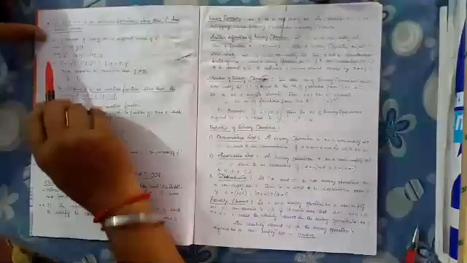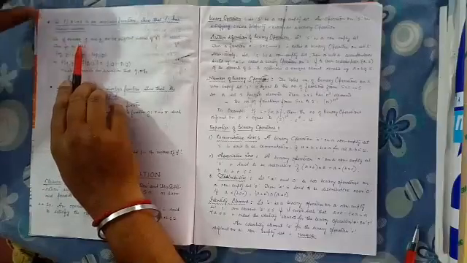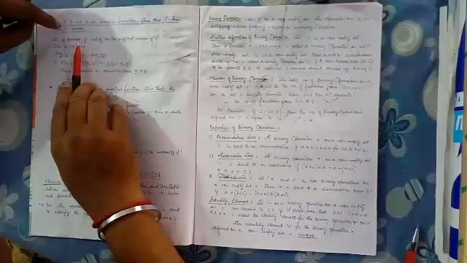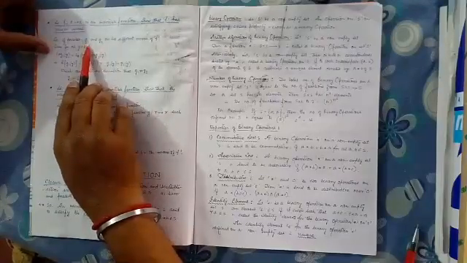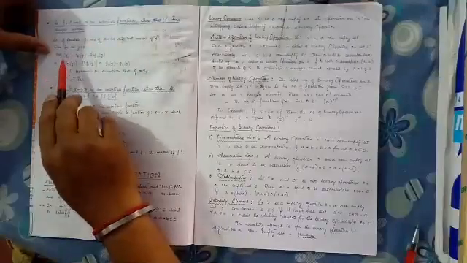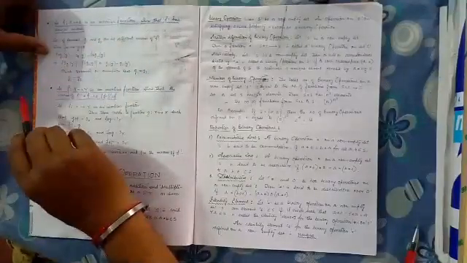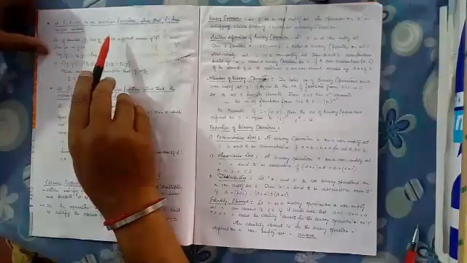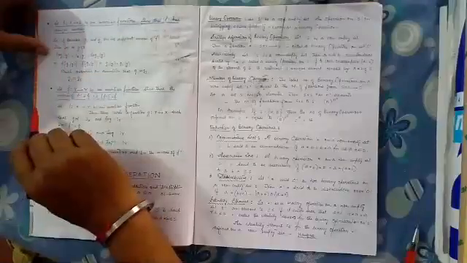How to show this? Let, if possible, f have two inverse functions g1 and g2, two different inverses of f. Then for all y belonging to B, if we put the value of y in g1 or in g2, we will get x.